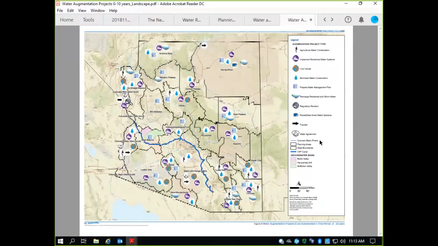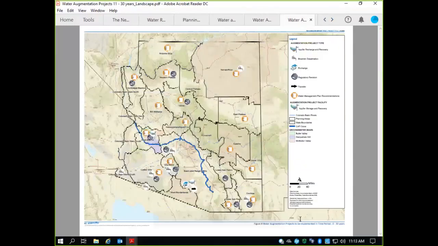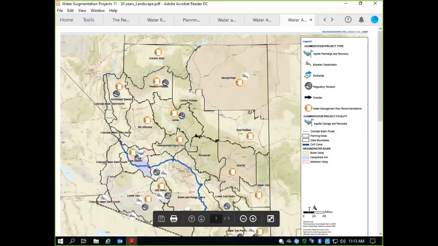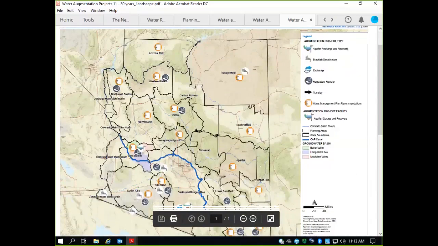All right, well, let's talk about the next map then, the 0 to 30 year time period. We've already sort of addressed the water management plan recommendations, so we can take that off. We've talked about regulatory revisions, and if you look at the sheet on that, the icon itself is a catch-all for multiple kinds of things, some of which you may want, some of which you may not want at all.